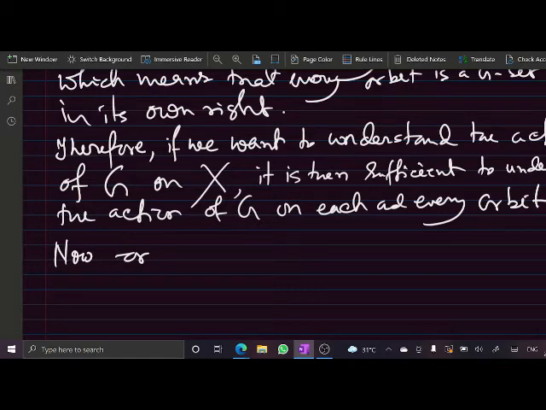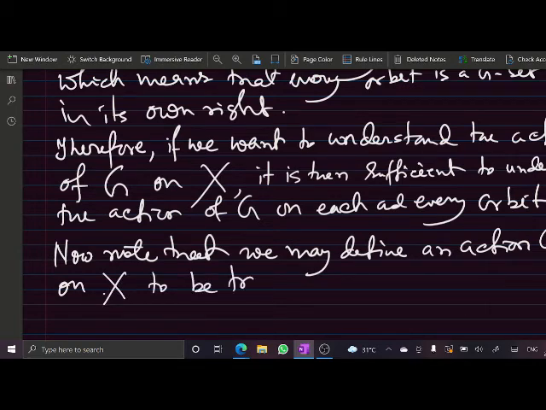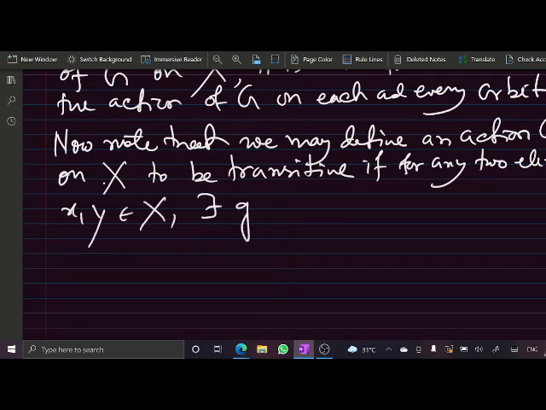Now we can define one thing. Note that we may define an action G on X to be transitive, okay, if for any two elements x, y belongs to X, there exists a g belongs to capital G such that y is g dot x.